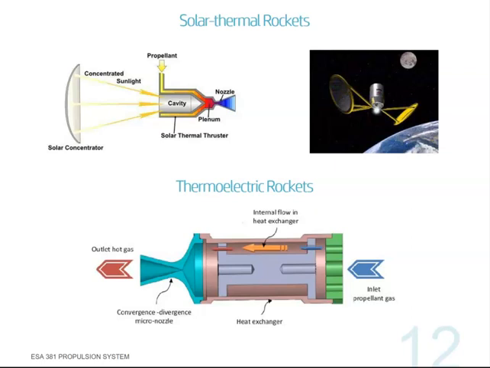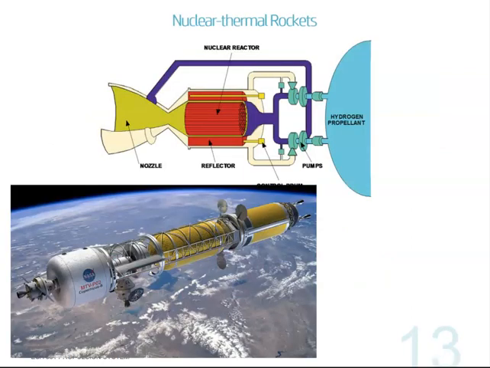And for the thermoelectric, we transfer the heat to the propellant by conduction and convection. An example of a thermoelectric rocket is the resistojet. And nuclear, as is mentioned here, will use a nuclear reaction for the rocket to be working.